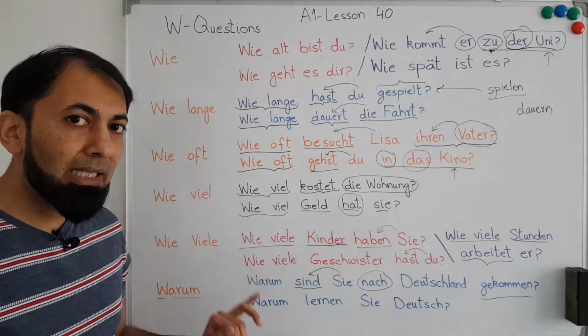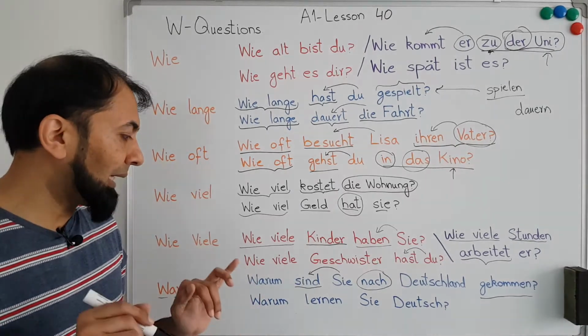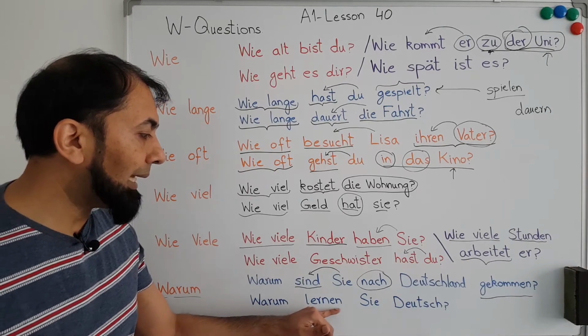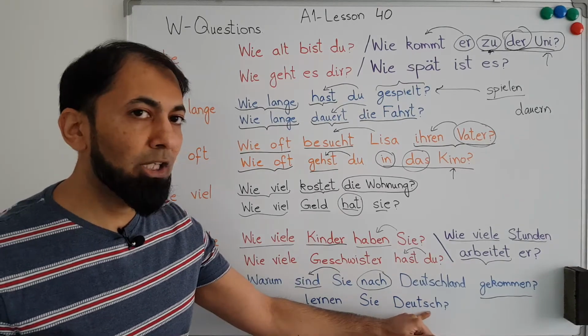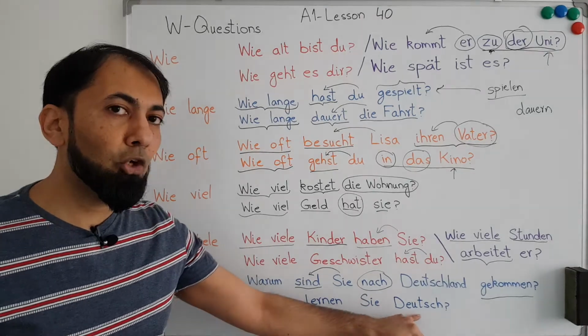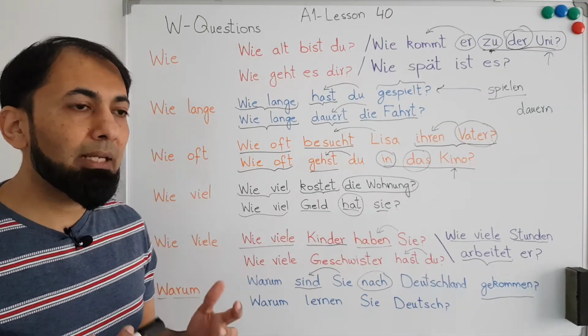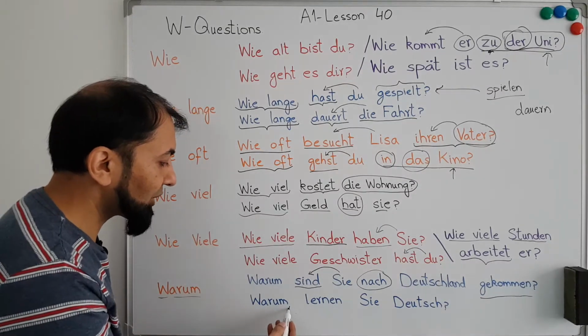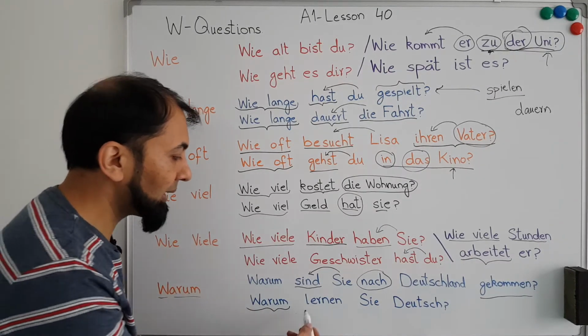Now, the second question that everybody will like to ask you when you arrive in Germany: warum lernen Sie Deutsch? Why are you learning German? Now, in this sentence, again, warum is the question word that comes at the first position.